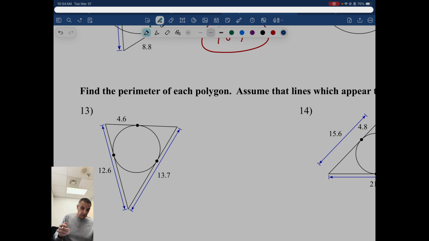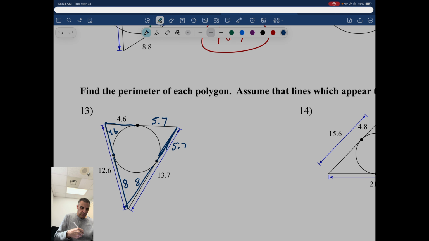Number 13. Find the perimeter of the polygon. Tangent lines. Remember tangent lines. So if we have a point, two tangents, they're congruent to each other. So this has to be 4.6. I know the whole thing is 12.6, so if I go 12.6 minus 4.6, it's going to tell me that that's 8. Well, that's the tangent for there and there, so that has to be 8. Use the same concept to find this one. 13.7 minus 8, that's 5.7, making this 5.7.